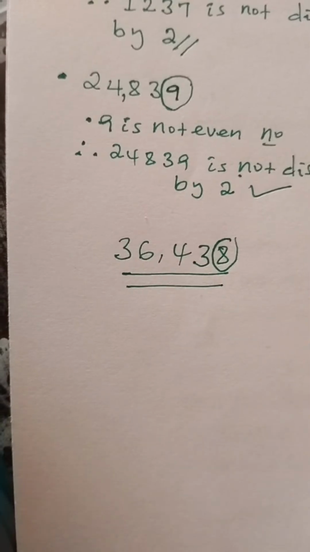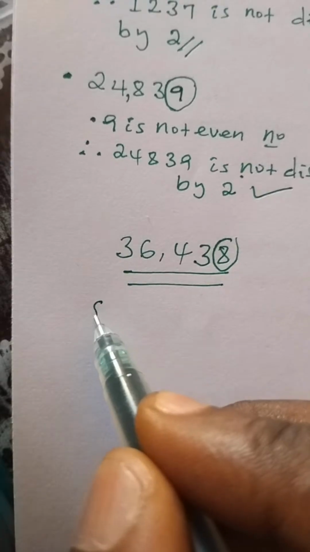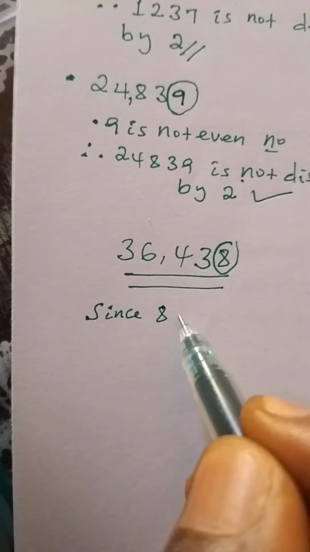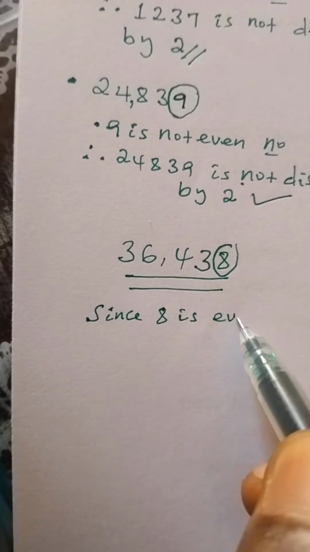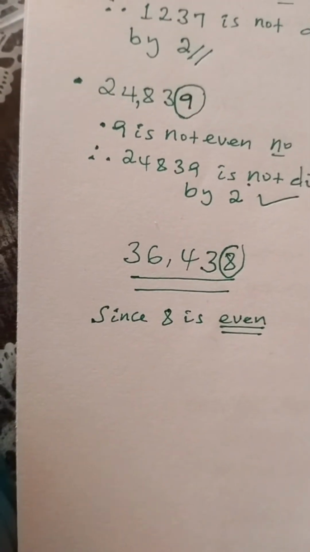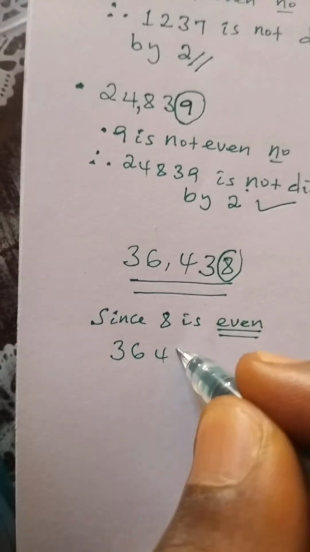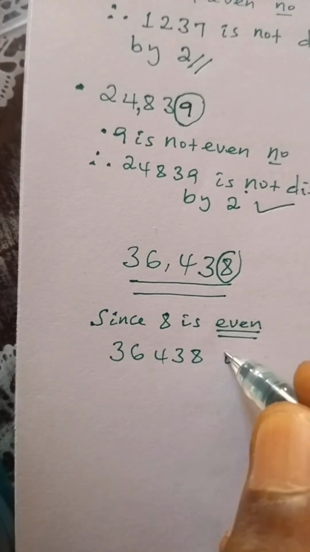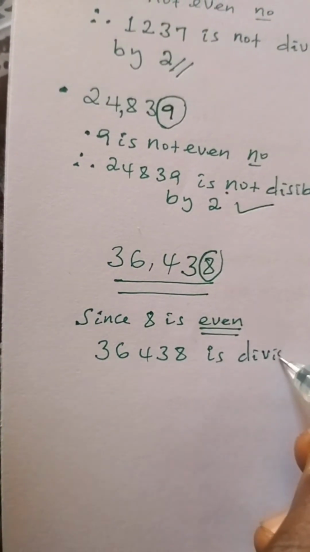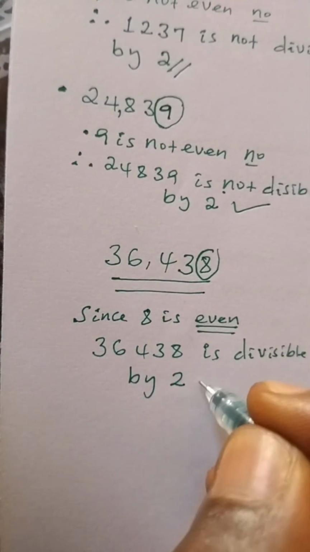Since 8 is an even number, 36,438 is divisible by 2.